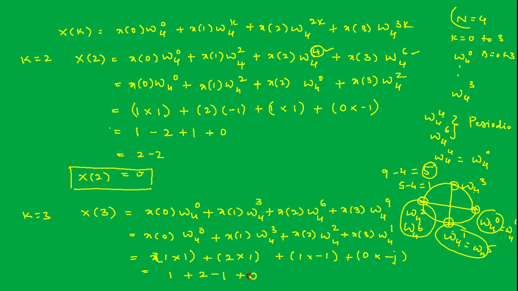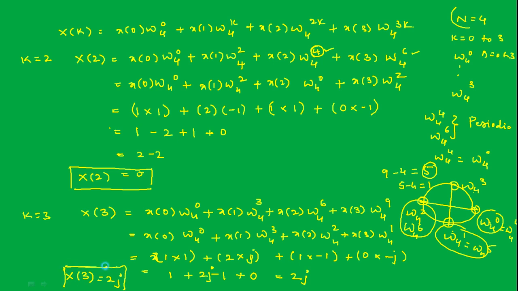W4 to the 3 is not 1, it is j. So this becomes j plus 1 minus 1 get cancelled, so it is 2j. So x of 3 is equal to 2j.